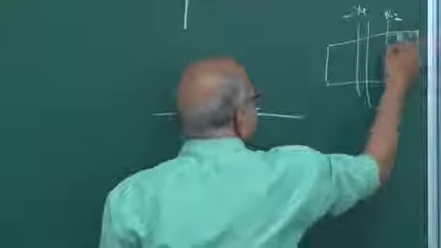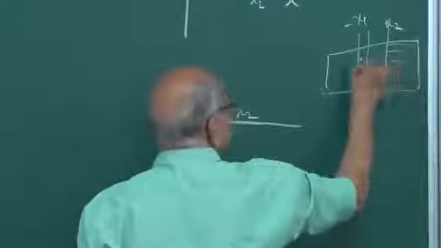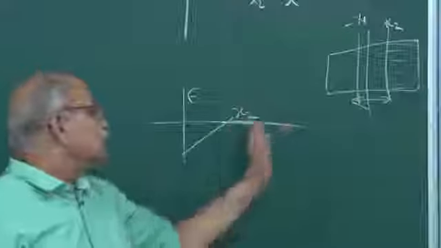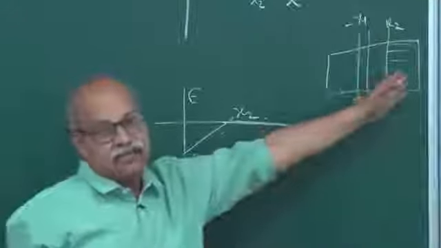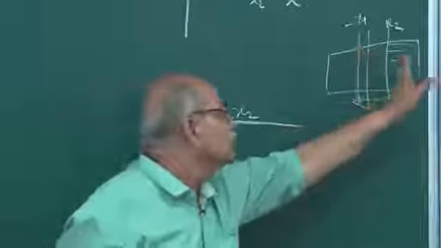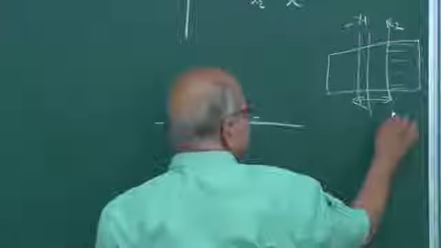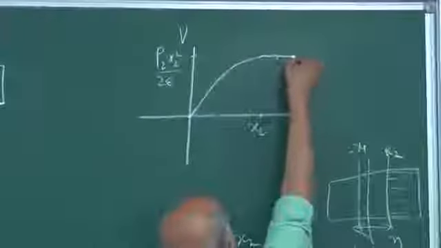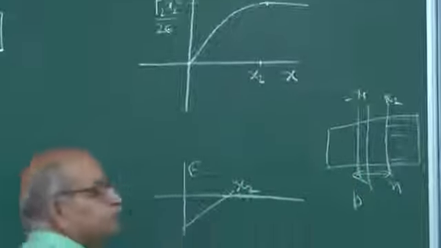So beyond x2, in this region, this is the depletion region. So in this region there is no electric field, and so the potential is constant. So throughout this n-type region, the potential remains constant like this.